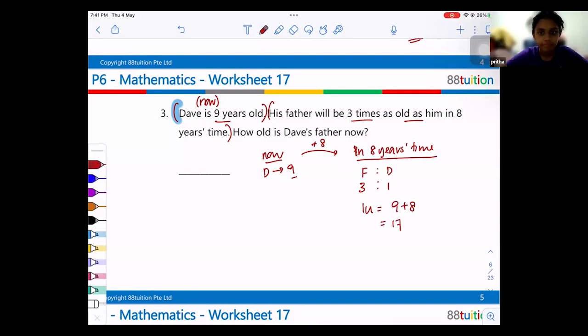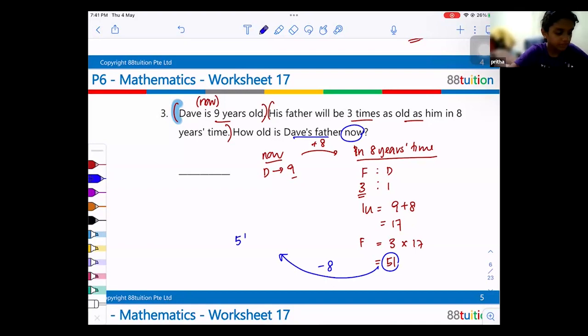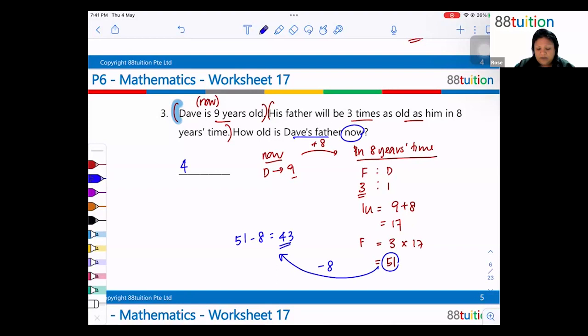So how old is the father? The father is 3 units, 51. But they asked for the father now. So from this 51, I have to minus 8. So 51 minus 8 gives me 43 years old. Okay, so that's how it's done.